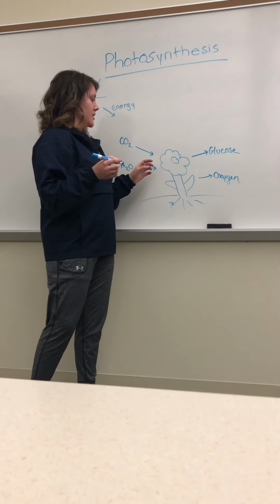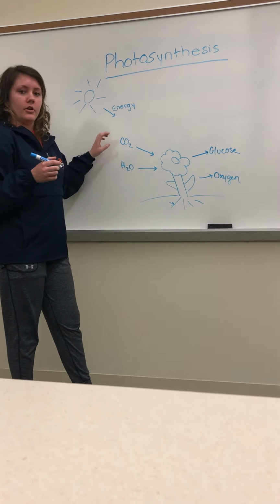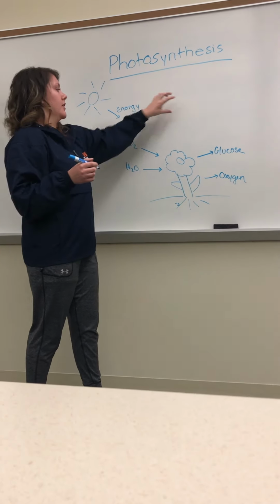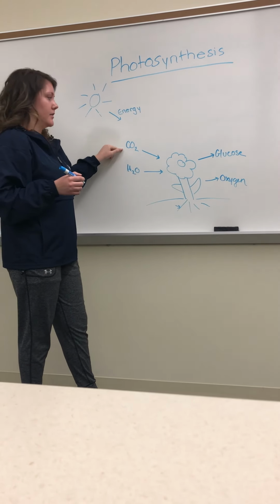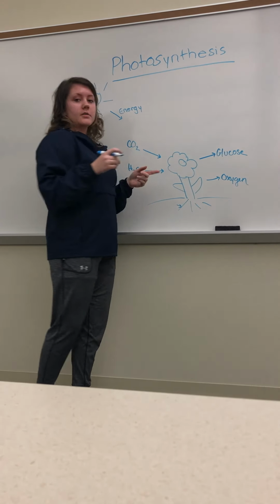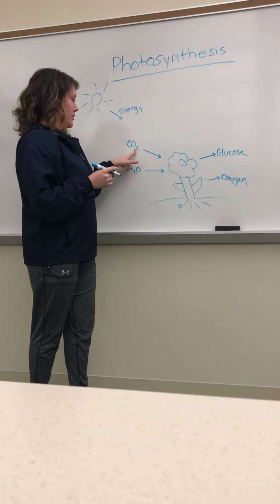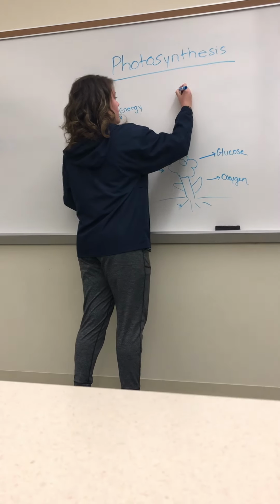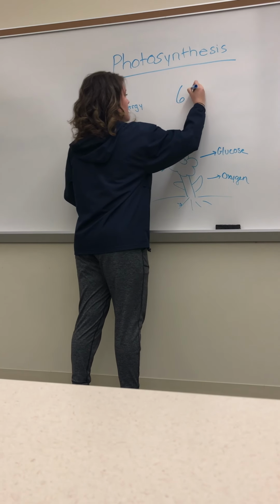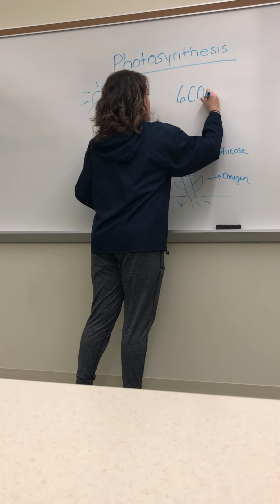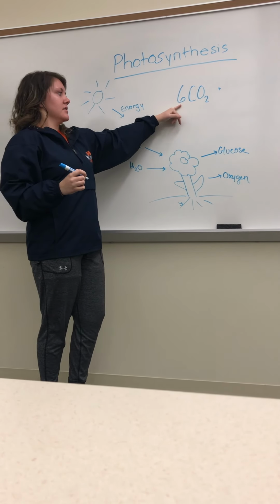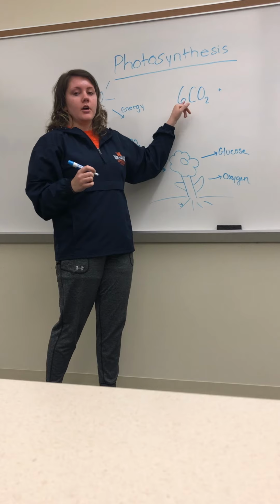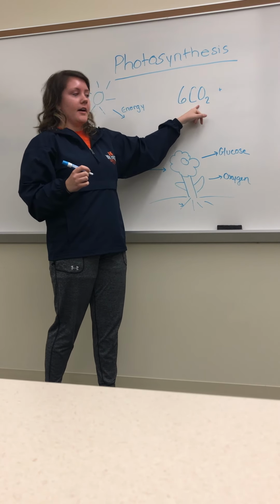And so there is an equation that goes along with this. So I'm going to write it right here. So we're going to start off with the carbon dioxide. So we're going to do 6CO2 plus, and the reason I have the 6 is that's how many molecules of carbon dioxide that we have.